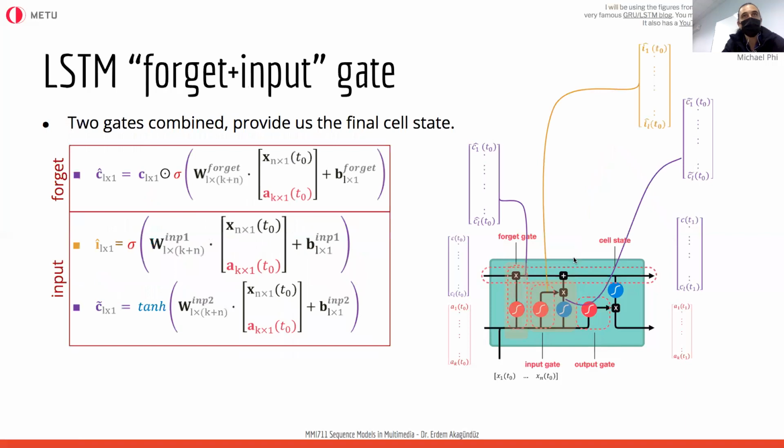The yellow formula is this part. This purple formula is this part. And I add them, guys. When I add them, I obtain the cell state, because this was an intermediate cell state, C cap, remember? I'm going to add it with the newly created value in the update gate, the input gate. I'm going to have the actual cell state.